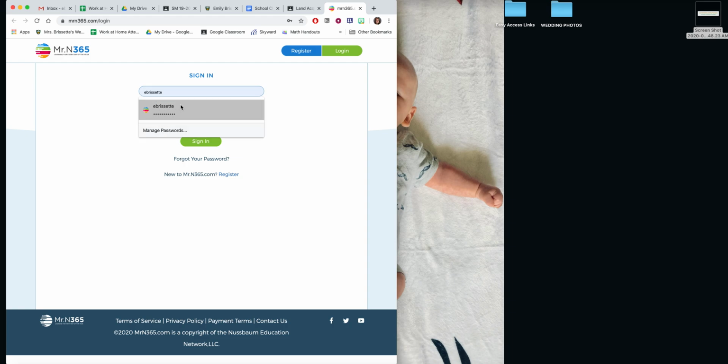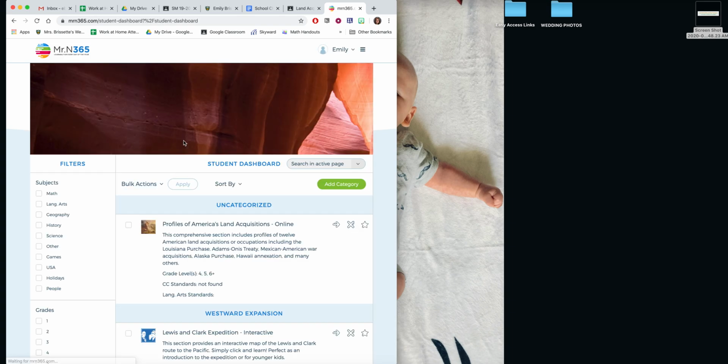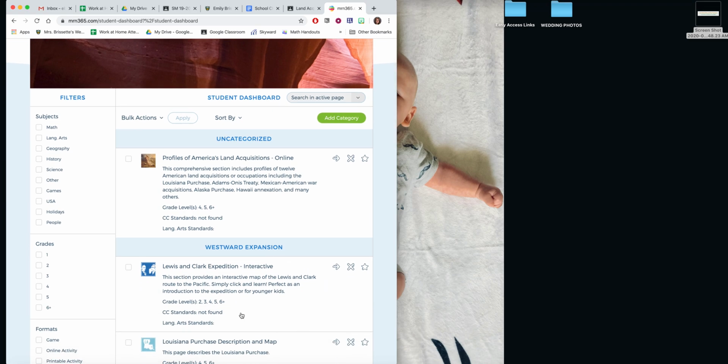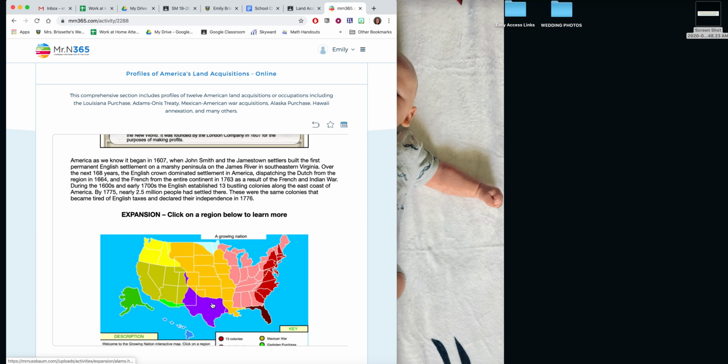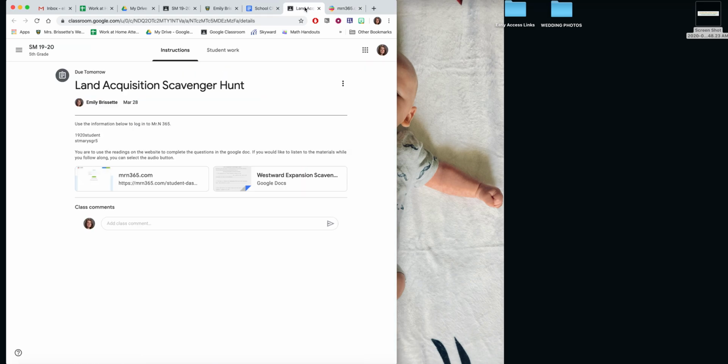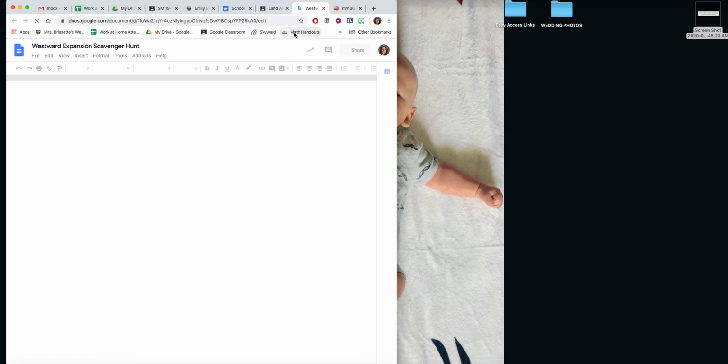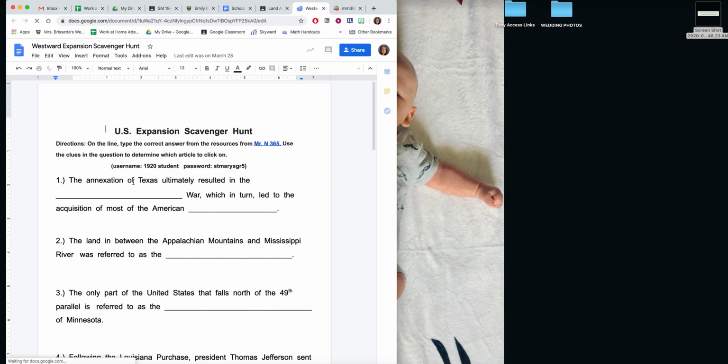Just log in as me and I can show your Google Classroom or your dashboard. I loaded the dashboard with all of the information. You can either click them individually or you can click this one and you can just click a chunk of land. So that first question talked about Texas, I believe. The annexation of Texas resulted in blank war.